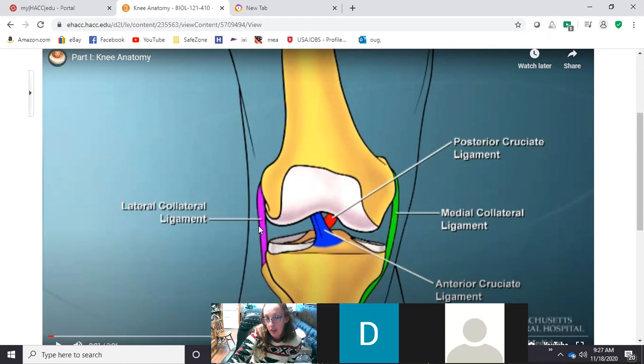Lateral collateral ligament. And I'm sure you've heard of someone saying they've blown their anterior cruciate or their posterior cruciate, their PCL or their ACL, their MCL, that LCL.